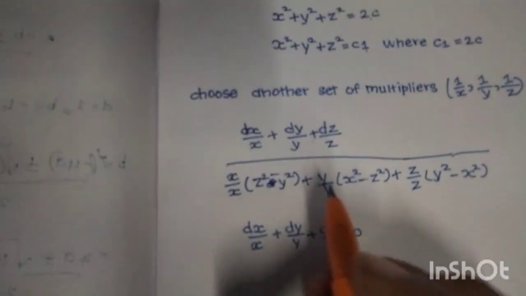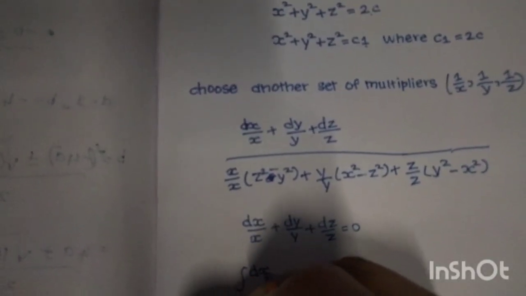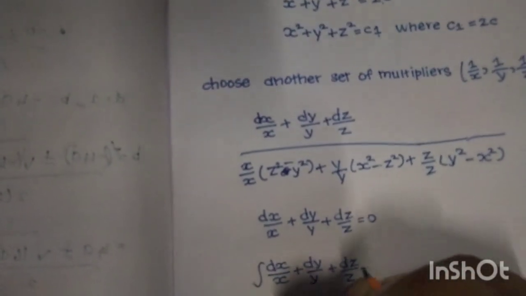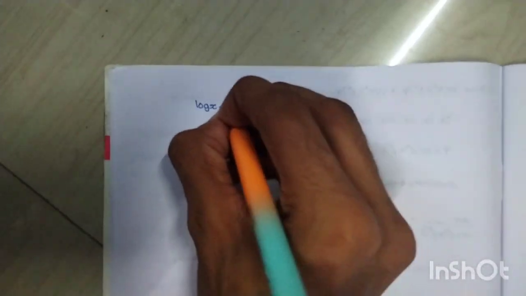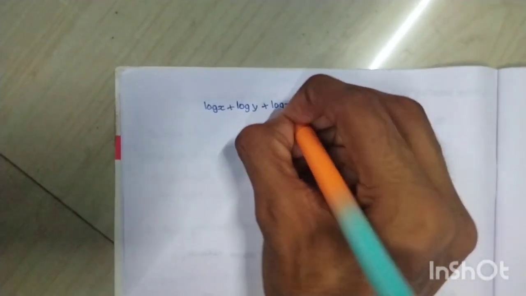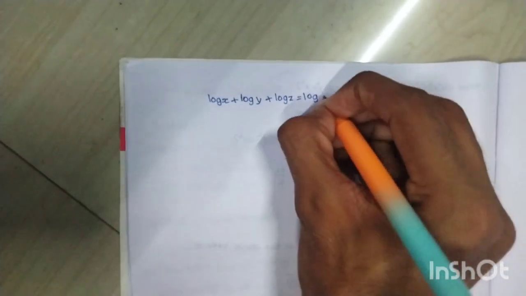After this step, we are going to integrate. Integrating dx by x will give log x, dy by y will give log y, integrating dz by z will give log z equal to log c.